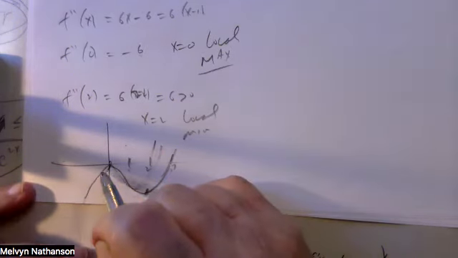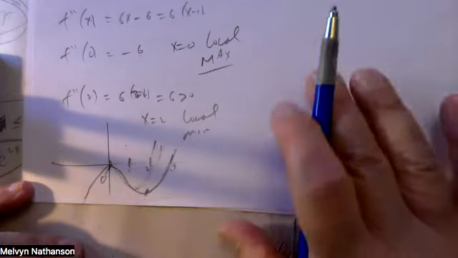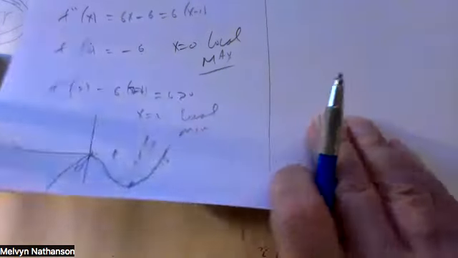So here you have your local max at 0, and here you have your local min at 2. And we got that using the second derivative test. Any questions about this?